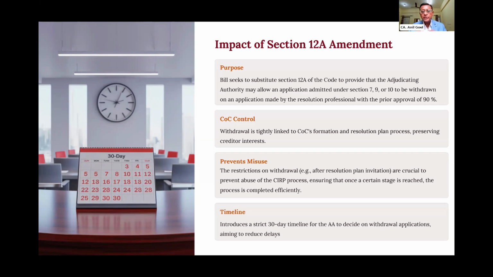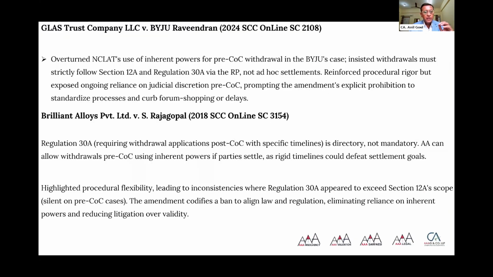This amendment will prevent misuse, as the restriction on withdrawal, for example after resolution plan invitation, is crucial to prevent abuse of the CIRP process, ensuring that once a certain stage is reached, the process is completed efficiently. And the timeline is also provided. So this amendment will in fact reduce a lot of litigation.